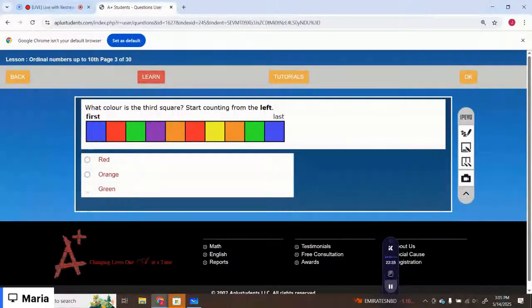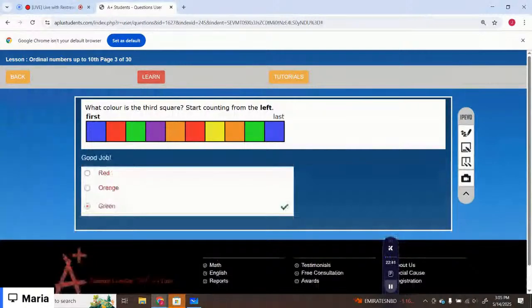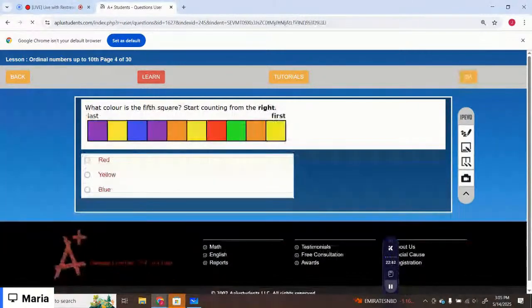Option number three is the correct option. What color is the fifth square?